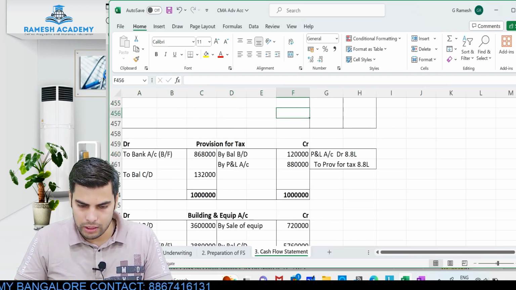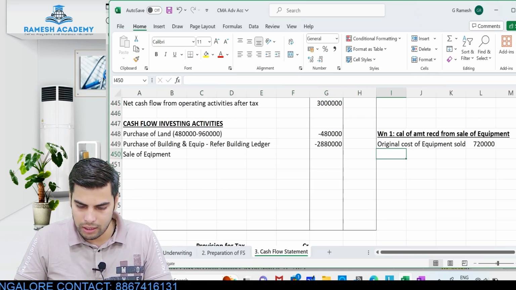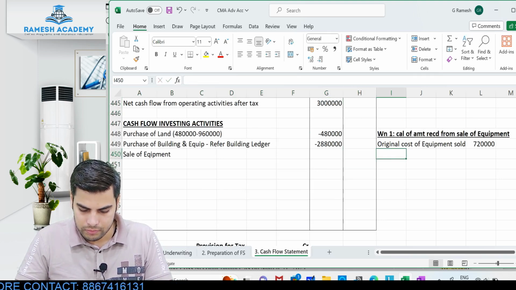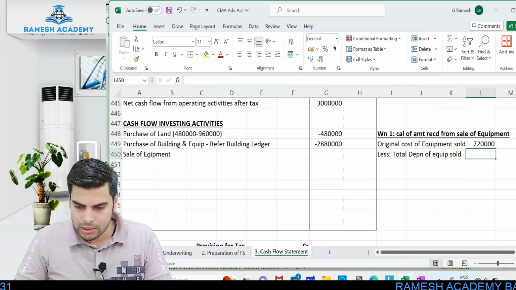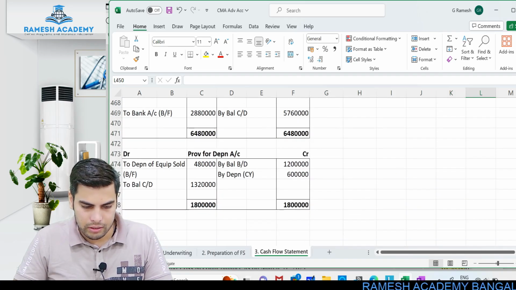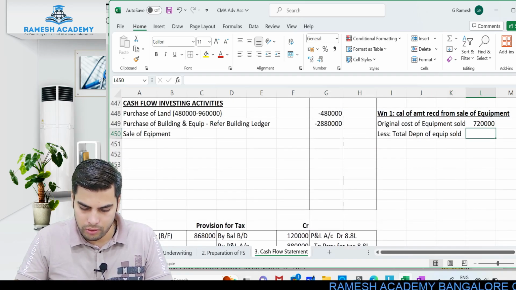Okay, so here in this particular working note, less total depreciation of equipment sold. How much is it? We have already calculated it. 4,80,000 rupees is the amount. Okay, 4,80,000.